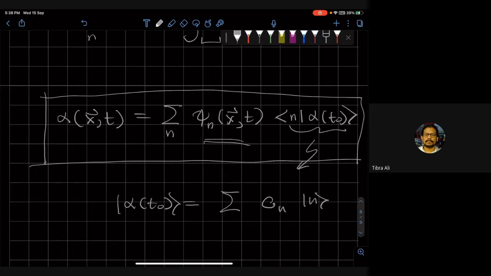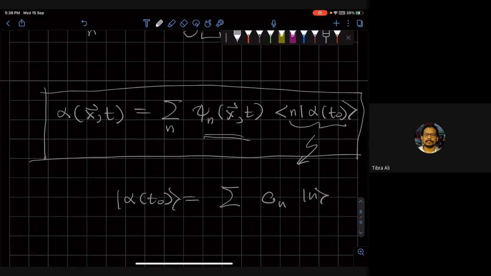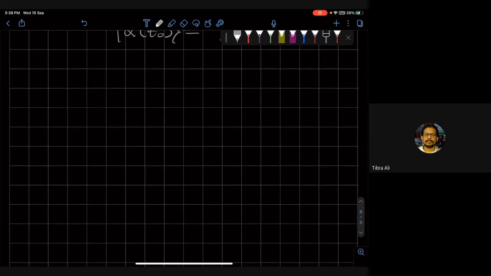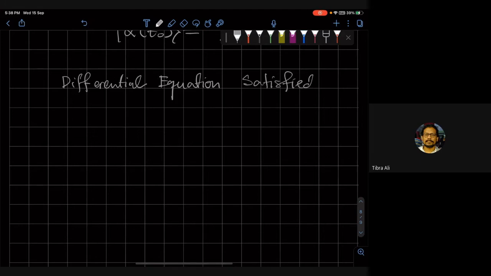So there's a deep connection between propagators and causality, and that comes from considering the differential equation that is satisfied by the propagator.